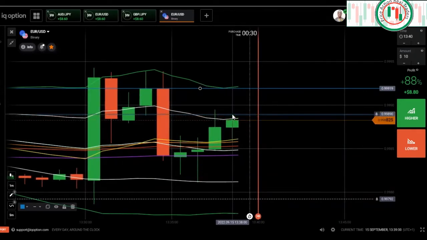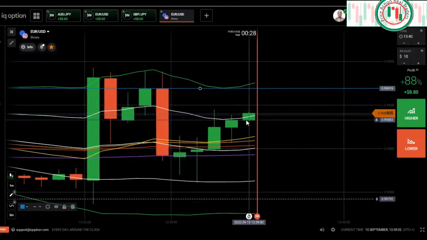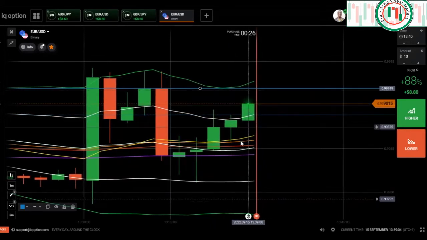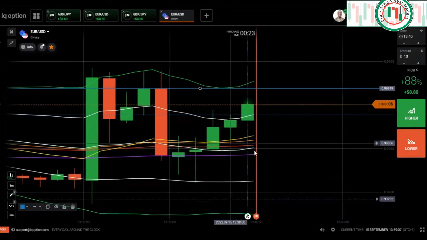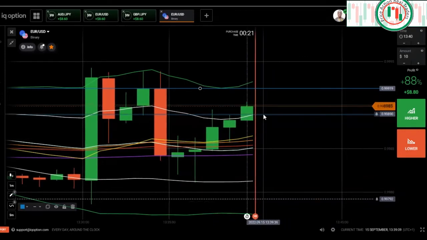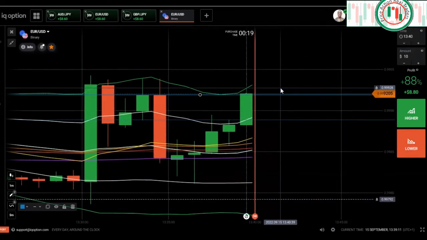You see, very strong push. You see, because the EMAs are closer together all the time, you should expect this.